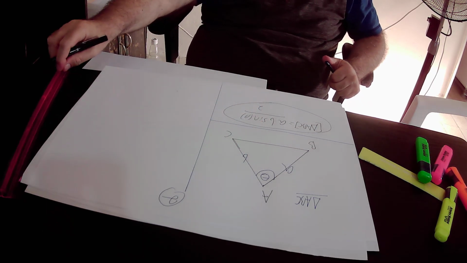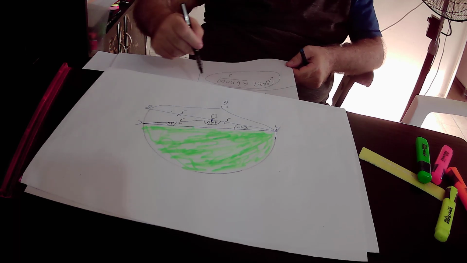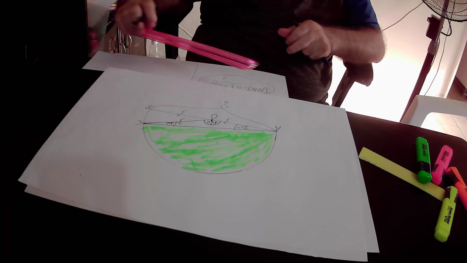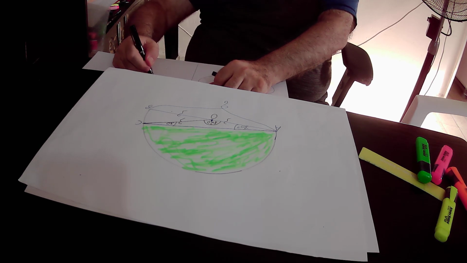We'll use the new formula in order to find out the area of this triangle AOC. So I copy triangle AOC in this new page, and we use the new formula to find out the area of this triangle AOC.